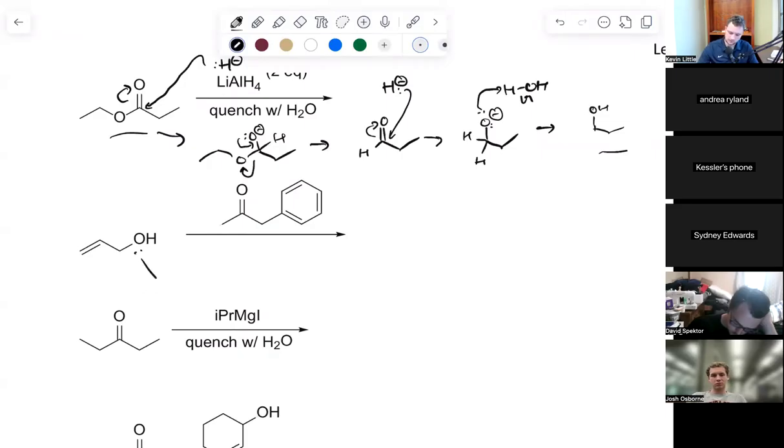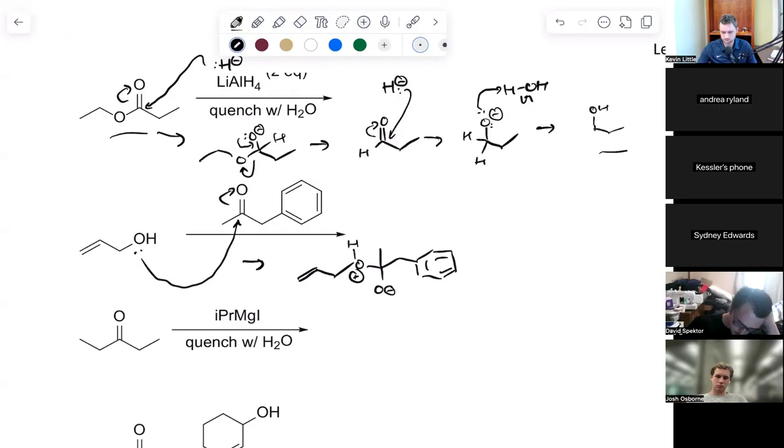This is my nucleophile. That's my electrophile. I'm going to kick up. I broke a carbonyl. It wants to reform.